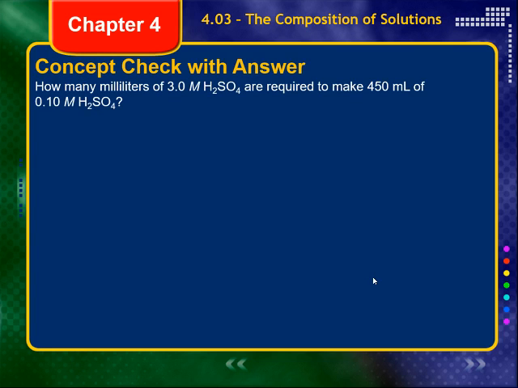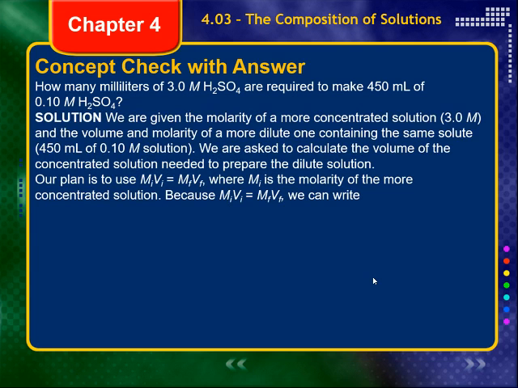How many milliliters, now notice that molar is in liters, so we're going to have to do a conversion there. How many milliliters of 3.0 molar hydrogen sulfate are required to make 450 milliliters of 0.10 molar sodium sulfate? So we are given the molarity of a more concentrated solution, 3.0 molar, and the volume and molarity of a more dilute one containing the same solute, the same amount of solute.